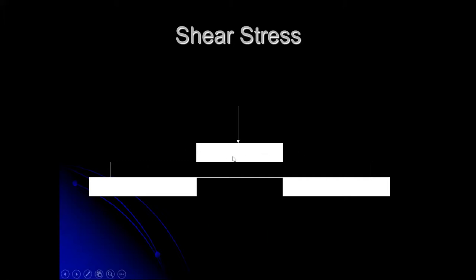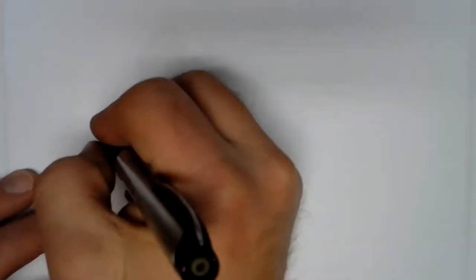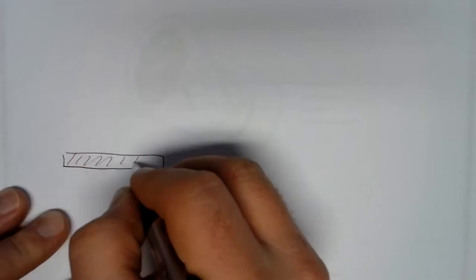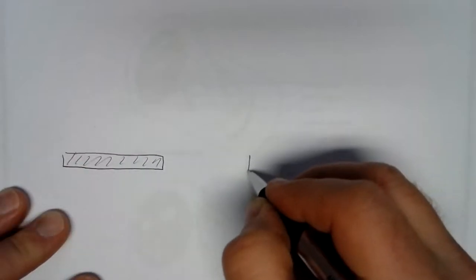Up here at the top, we've got a die, and that die has force applied to it. The material we're working with is here. This would be a piece of sheet metal sitting on the die and on the support blocks. So let's look at what this would look like. Here's the front view. We've got a support block. We've got the other side.